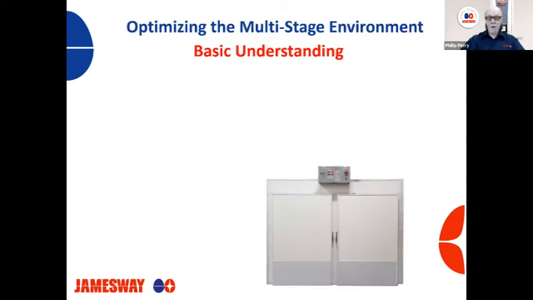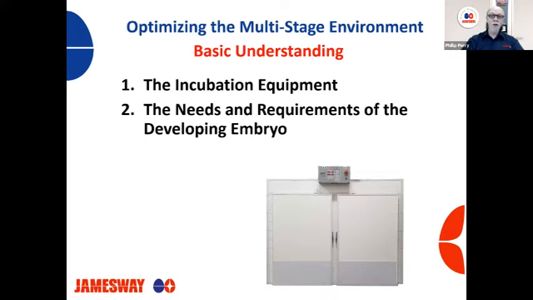So the first thing we need to take a look at is a basic understanding of your incubation equipment, whether it be Jamesway, multi-stage, single stage, anything. You need to have an understanding of your equipment to get it to optimize and to operate properly. You need to know the needs and the requirements of the developing embryo.